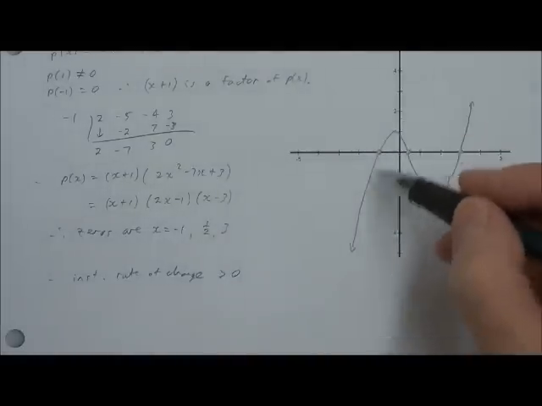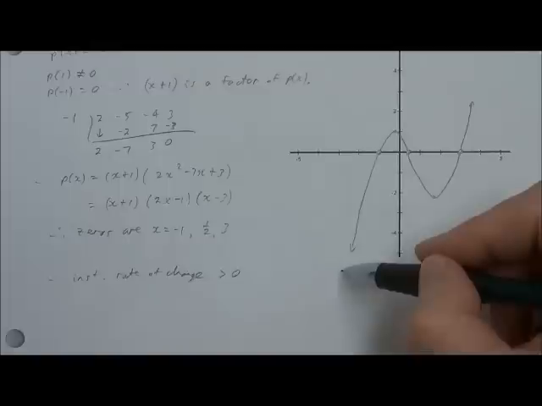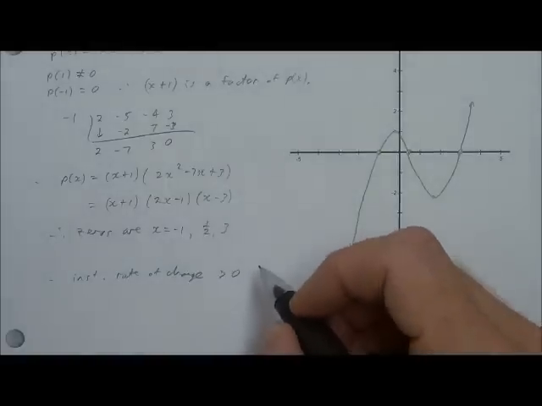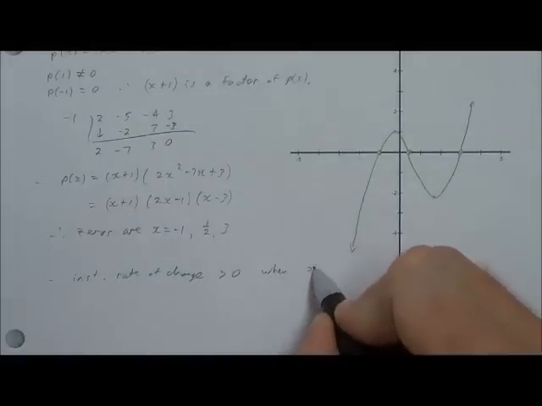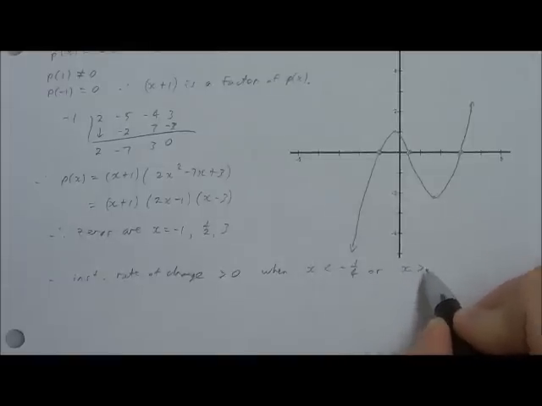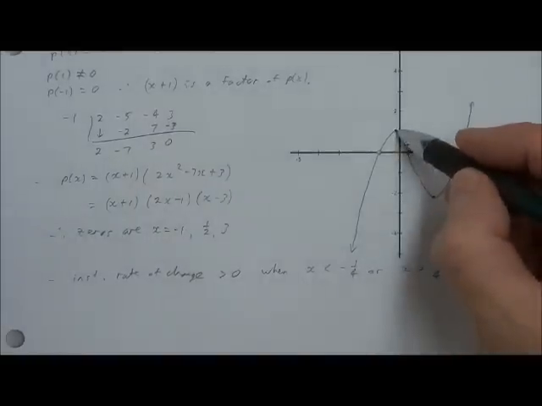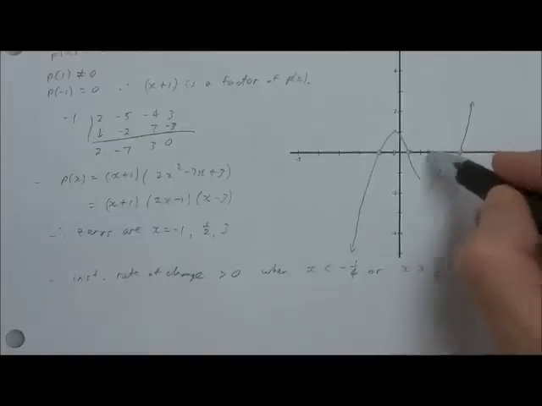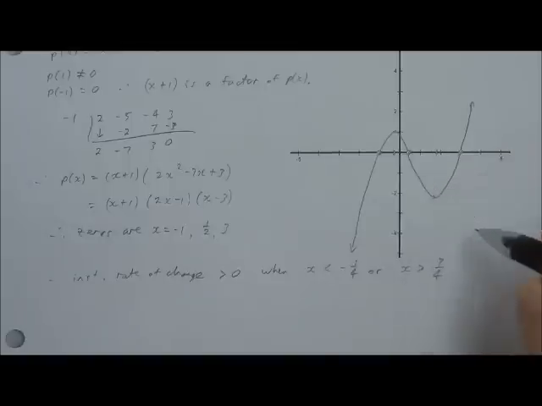So if you were to draw tangent lines anywhere along this curve where it's increasing, on those two intervals where it's increasing, that's where the instantaneous rate of change would be positive. So that occurs when x is less than negative 1/4 or when x is greater than 7/4. Okay, indicated by the average of these two zeros for this negative 1/4 here and the average of these two zeros where the turning point would be at x equals 7/4.